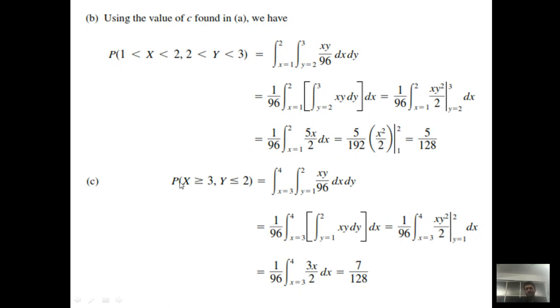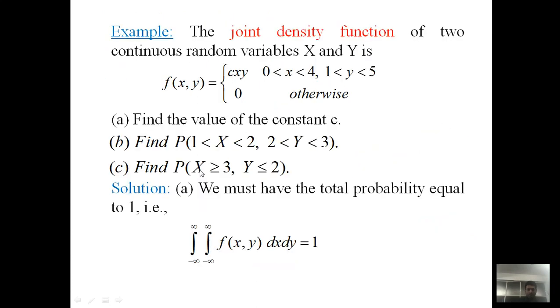And lastly, the third option, we are interested in finding the probability of x greater than or equal to 3, y less than or equal to 2. Now see here, x greater than or equal to 3, but the density function takes non-zero values on the interval 0 to 4, so it just includes the integral over 3 to 4.